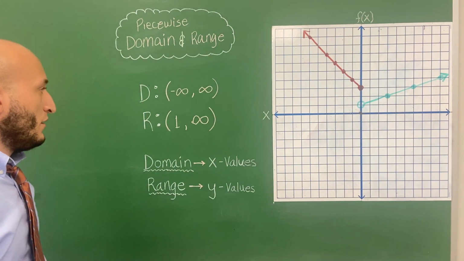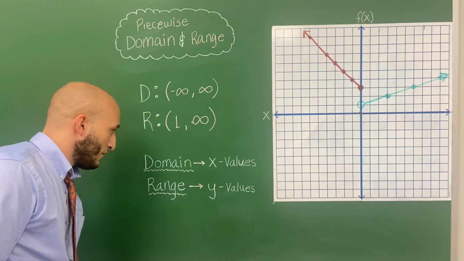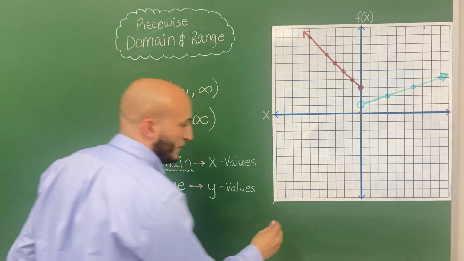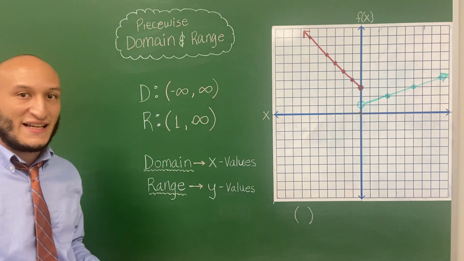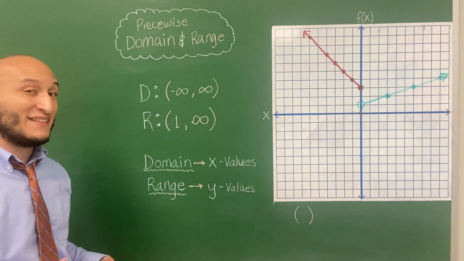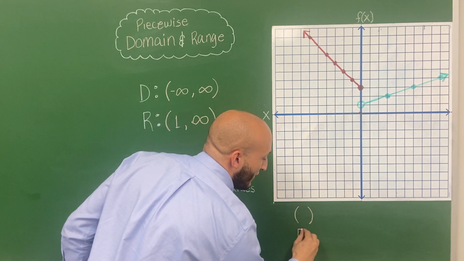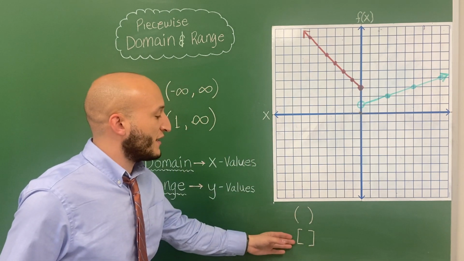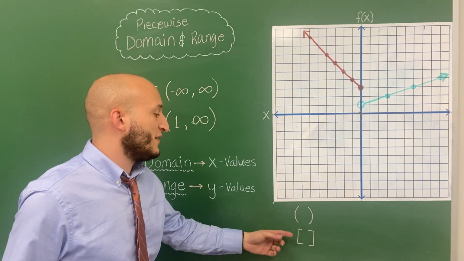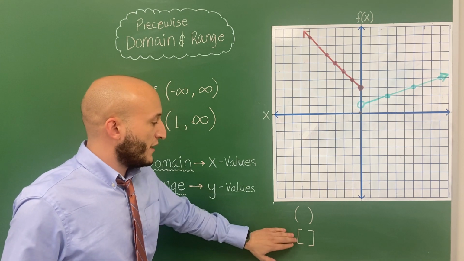Just like closed dots and open dots, we have to do parentheses and brackets, or parentheses and square brackets, whatever you call them.